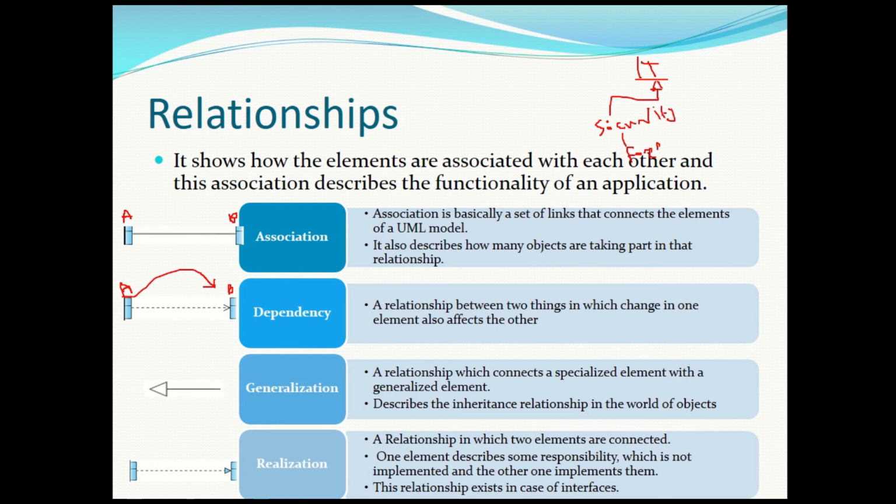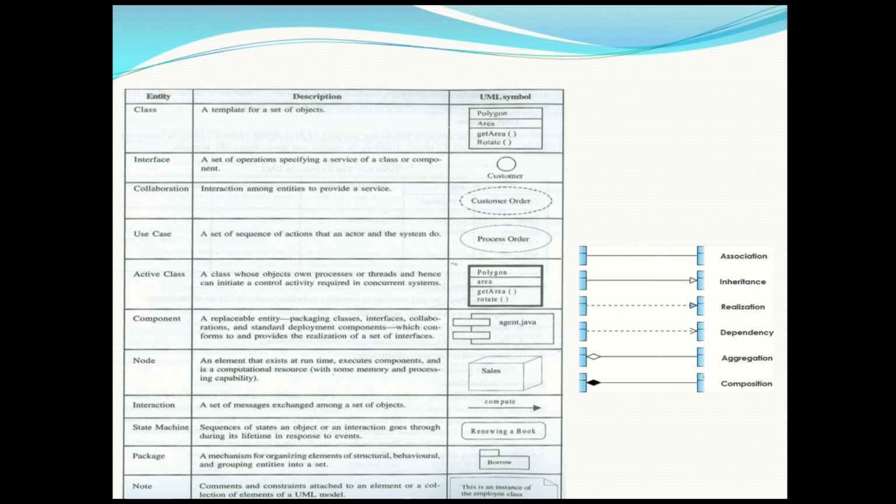When we say realization, we mean there are two elements connected to each other, and one of them is responsible for the other one. So this is used exactly in the interface when there is a responsibility for a class to other classes. This table is taken from the book reference.